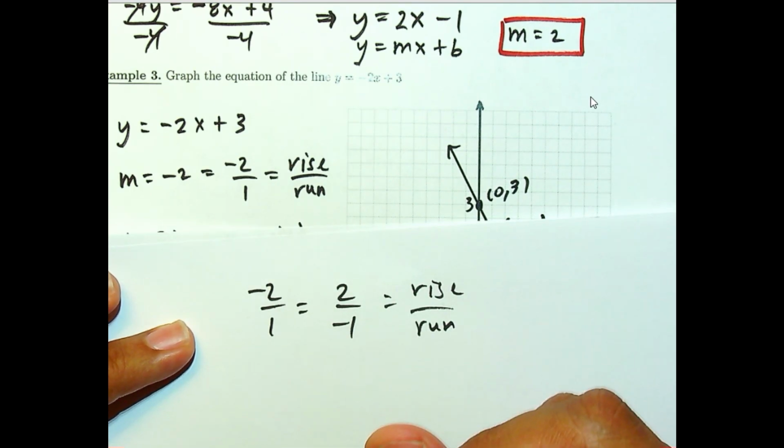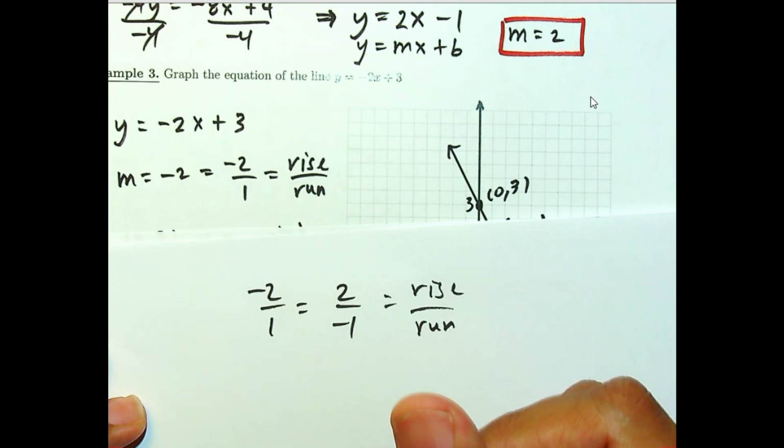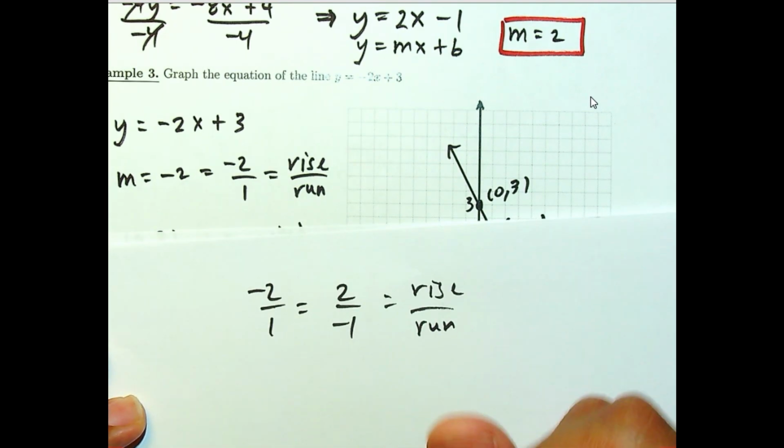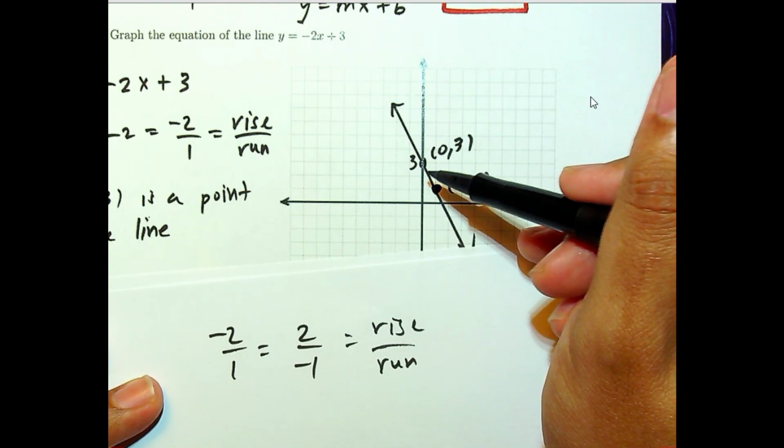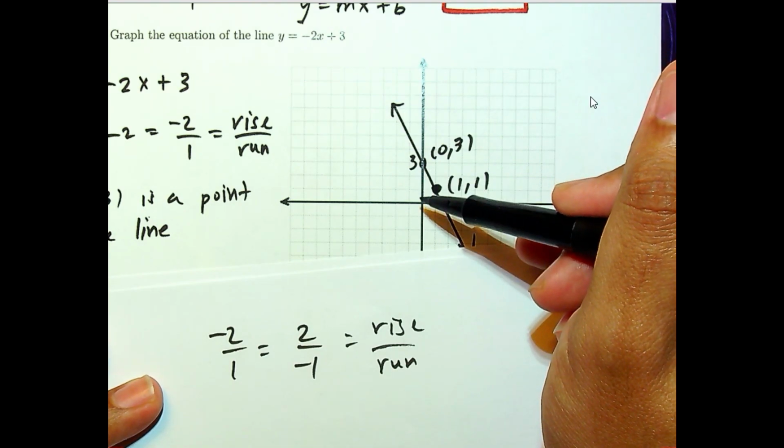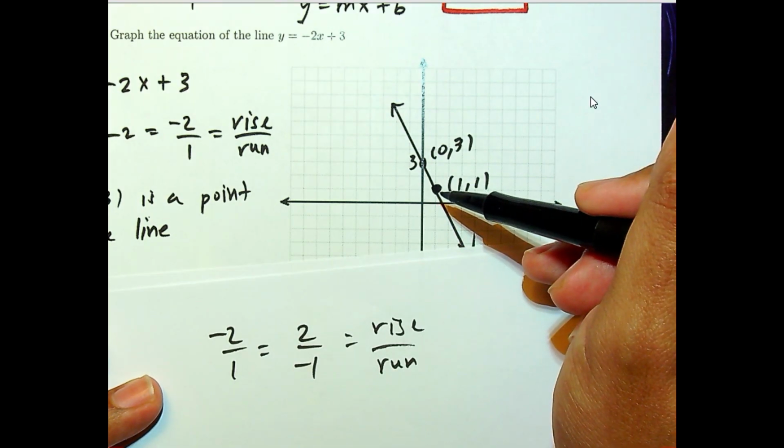That also works. It's not going to give you the same point, but it's going to give you the same line. Right? So this one, I started at 0, 3. I went 2 down and 1 right. So I ended up here.